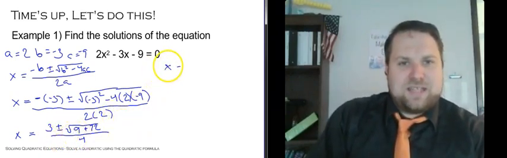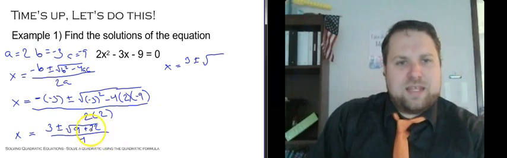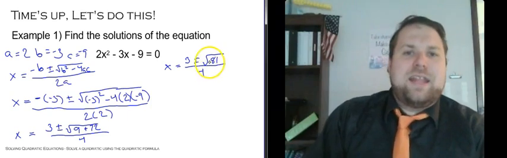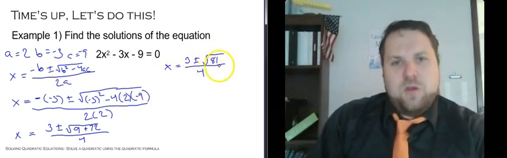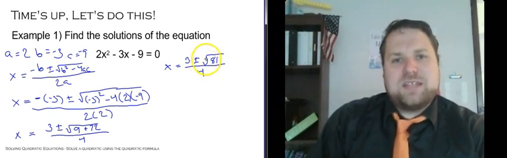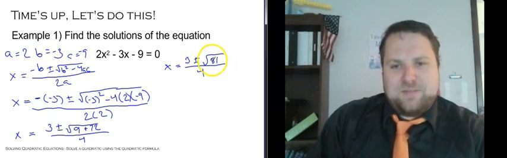Over here I'm going to say x equals 3 plus or minus the square root of, and I can do 9 plus 72. 9 plus 72 is 81. All of that over 4. Now, once you get to this point right here, what I want you to do is to check and see if that square root can be simplified or comes out as an integer.